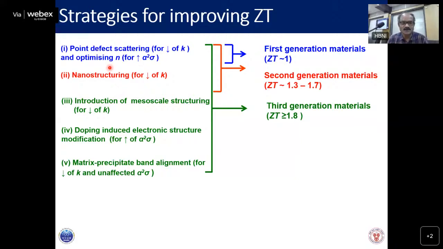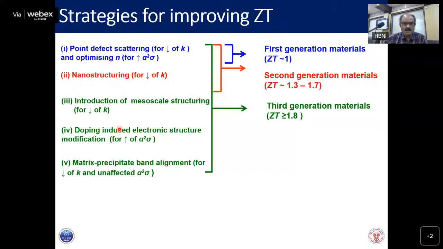It has also yielded some good results, and with nanostructuring one could achieve ZT values of 1.3 to 1.7. Now, in the present generation, the ZT has exceeded 2.